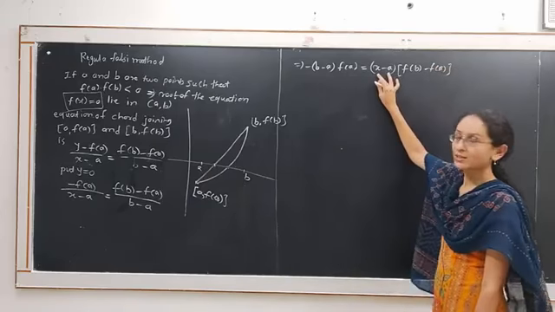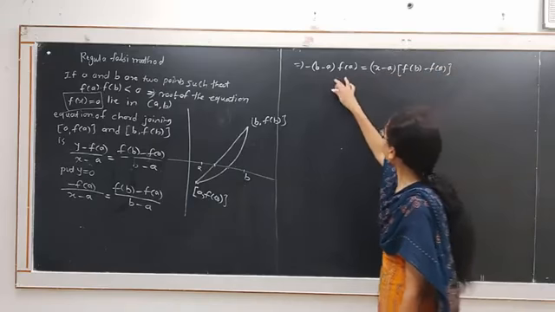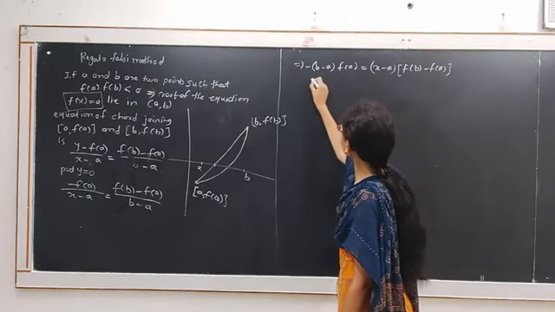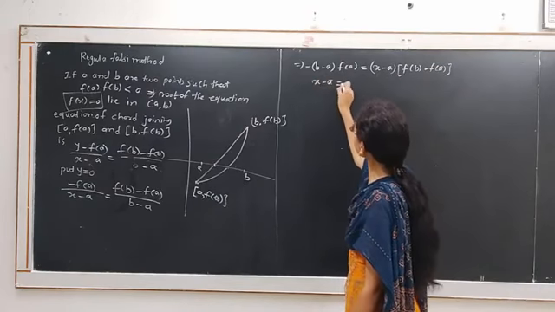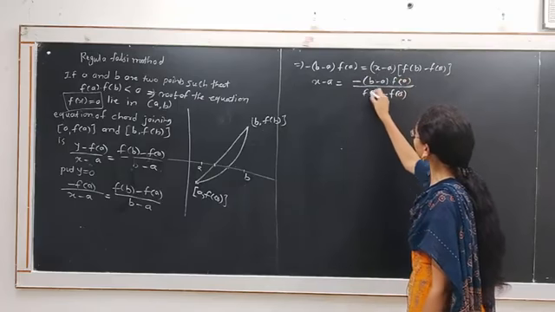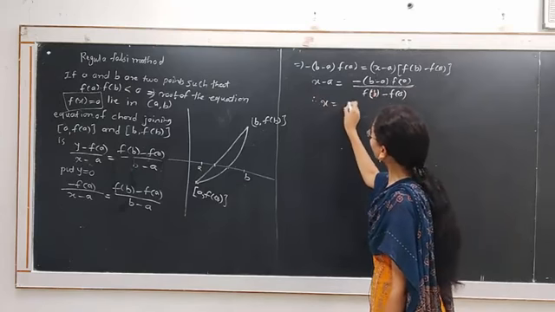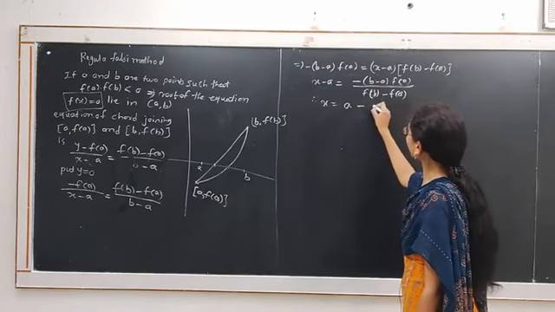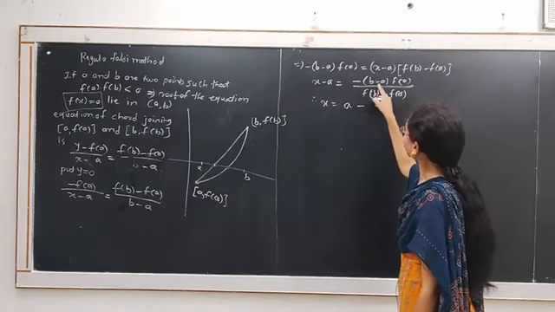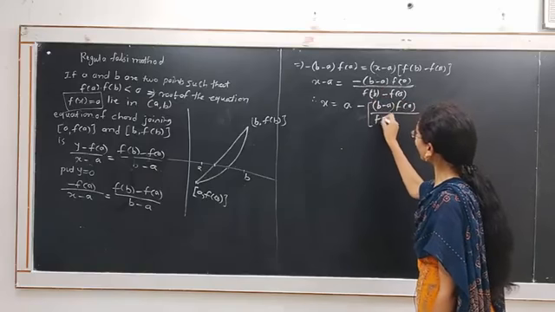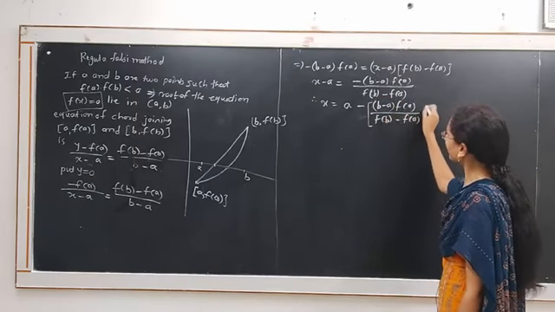We want the value of x, so we transfer this term to the left side and write x minus a equal to minus b minus a into f of a upon f of b minus f of a. Therefore, x is equal to a minus b minus a into f of a upon f of b minus f of a.